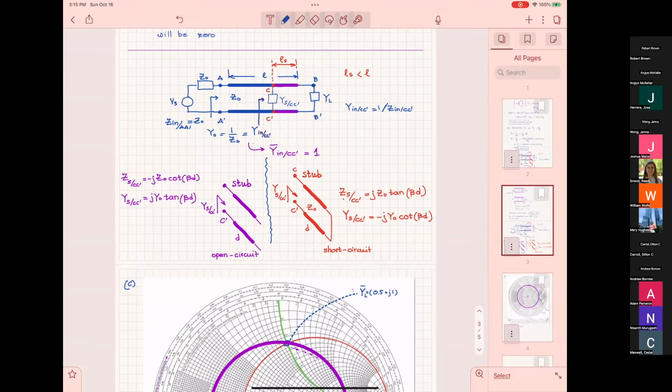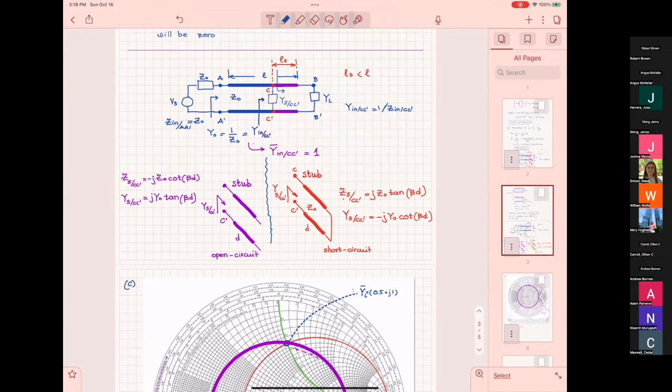Okay, so now I know that this Y_S is only reactive, which means my Y input at CC prime is going to affect only the reactive part of whatever impedance I had at this point.